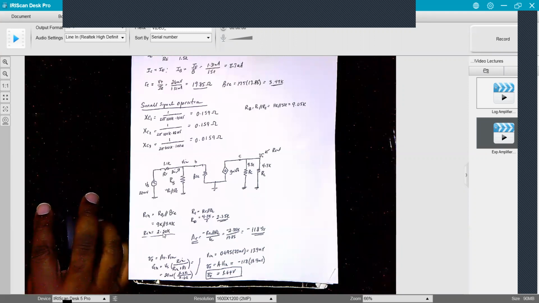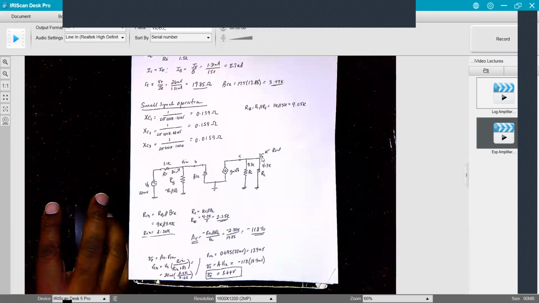So we end up with about 2.5K for the resistance looking into this node. Our output resistance is the resistance seen looking into the output node, and that's just RL in parallel with RC. They're both the same value, so the total combination would be basically half of one of them. It's 2.35K.